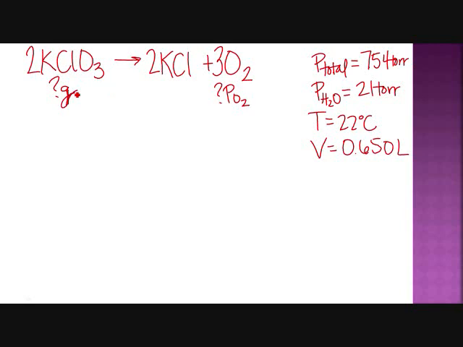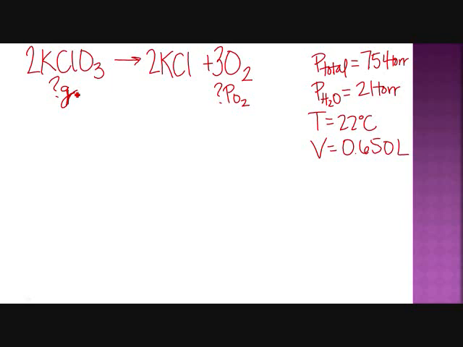All right. So one of them is really easy to do. The thing we're going to do first is really easy. What did I just tell you about Dalton's partial pressure law? What can we do? Yeah. So all the pressures add together to make the total. And the only two gases involved are water vapor, which we know, and oxygen gas.